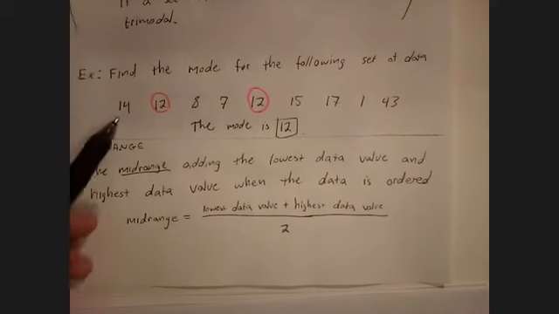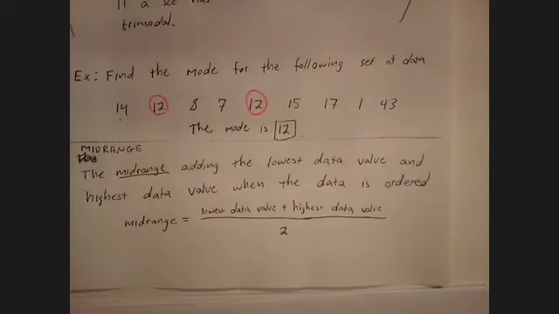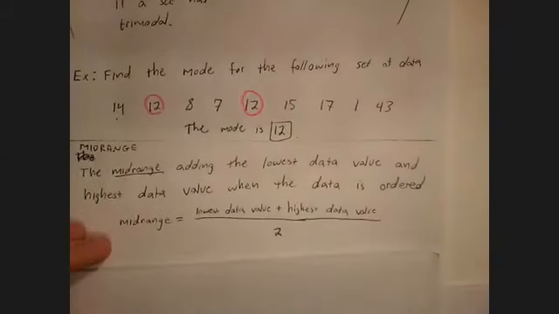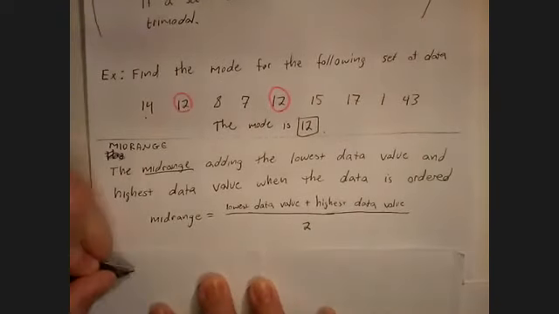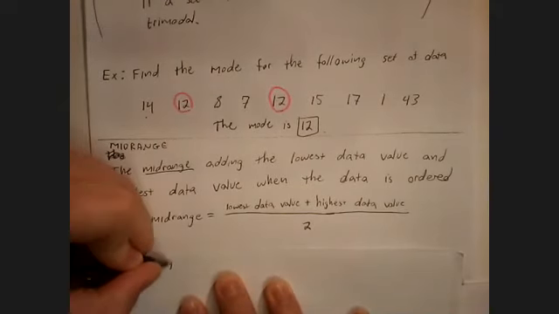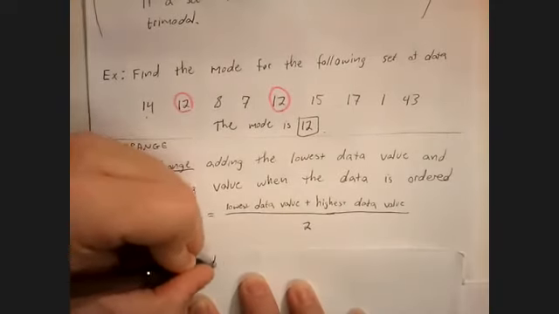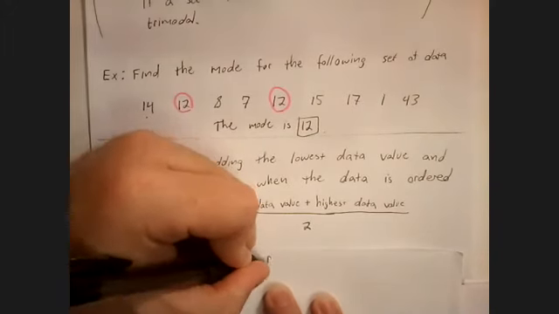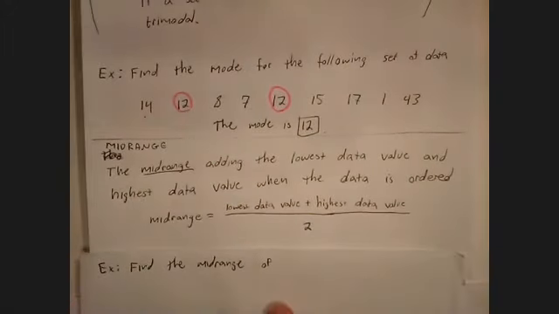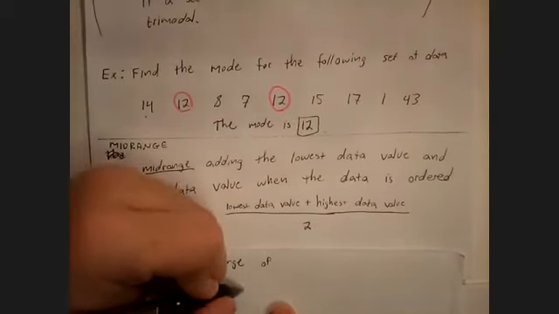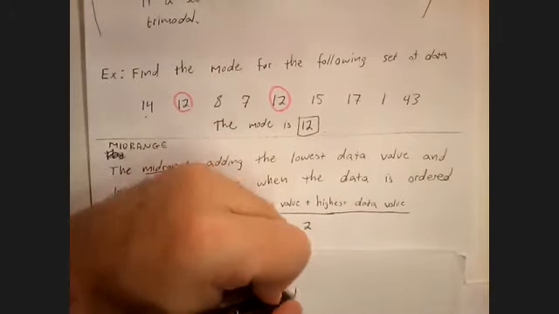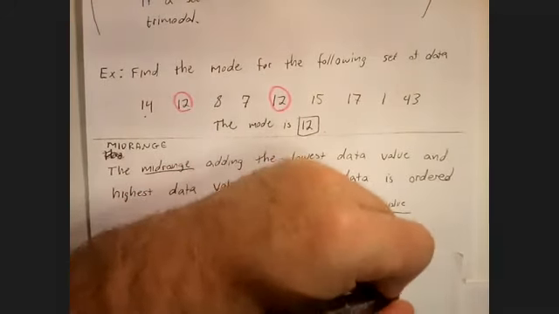So why don't we just use this example right here? Get some more paper. So I'm just going to take that data set because I can see it. Here's an example. Find the mid-range of, I'll just write it out, 14, 12, 8, 7, 12, 15, 17, 1, and 43.